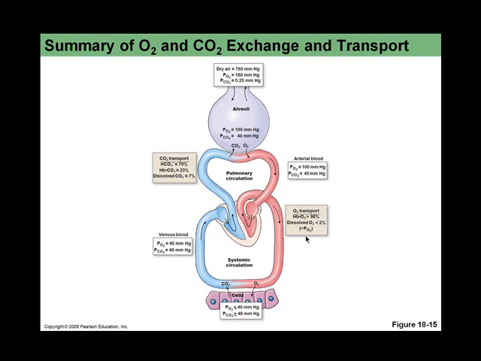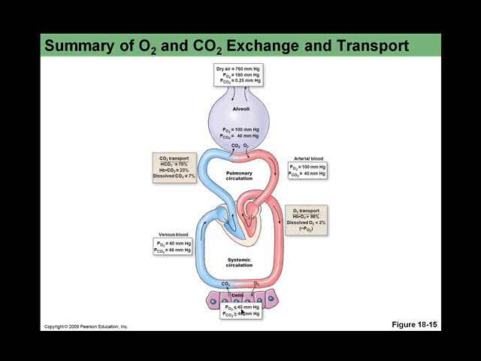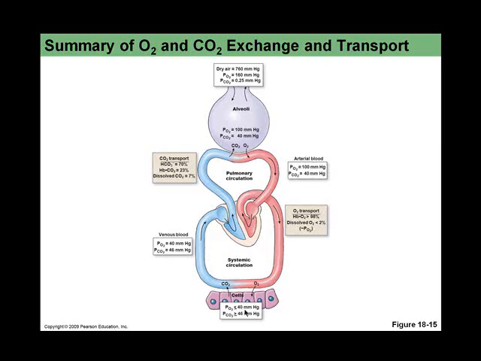And this gives an approximate PO2. Then at the tissues, the PO2 is approximately 40 millimeters of mercury. PCO2 is about 46. So they represent the systemic venous circulation, which is, of course, the pulmonary arterial value as well.